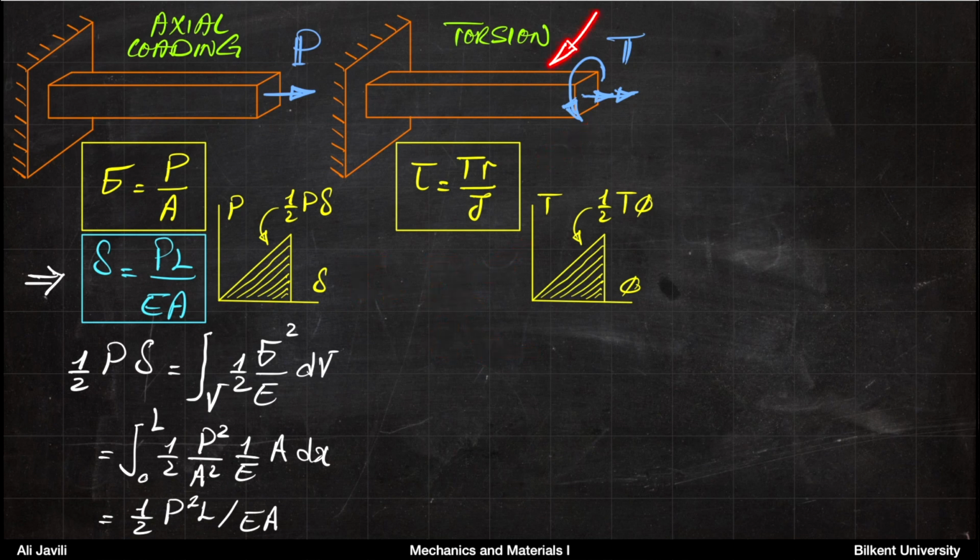I'm showing the shaft being rectangular here, but obviously it should be circular according to what we have learned. All right, so we have the energy, and we have the relationship between shear stress and torque, T.